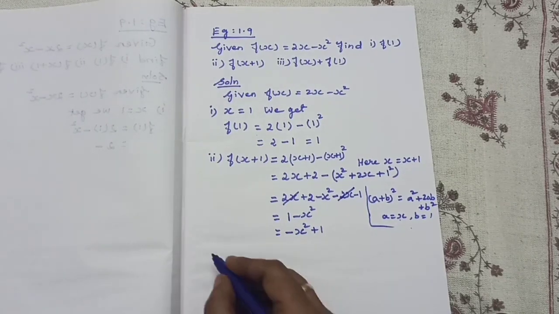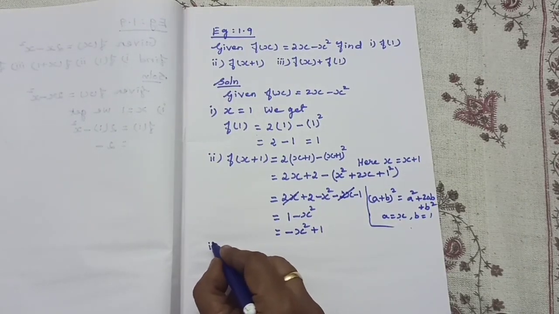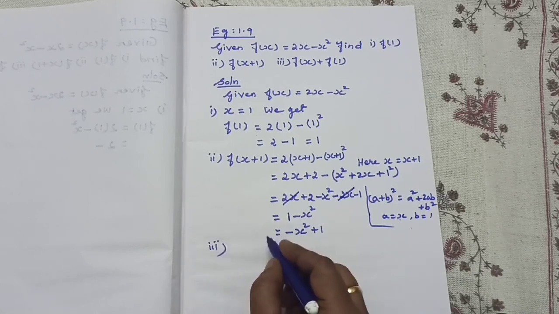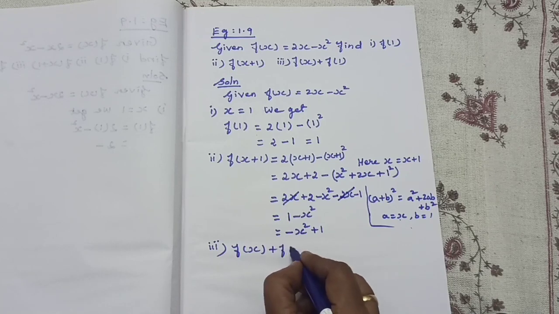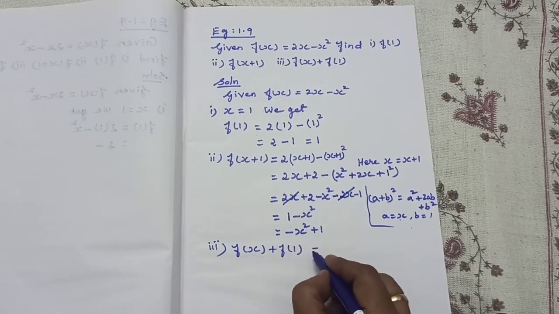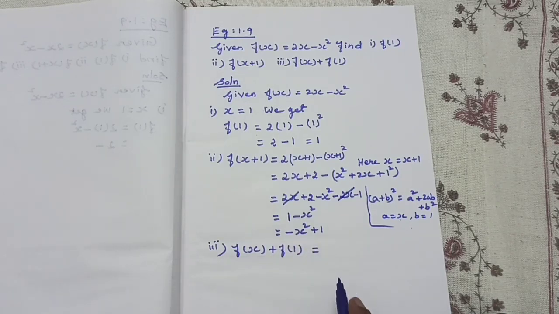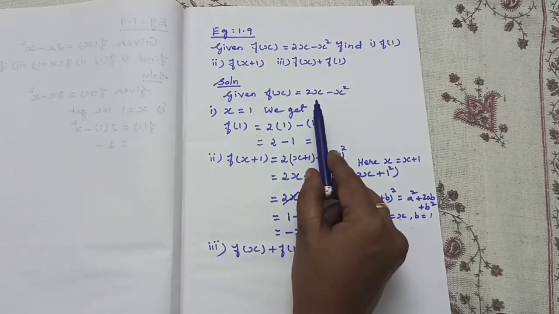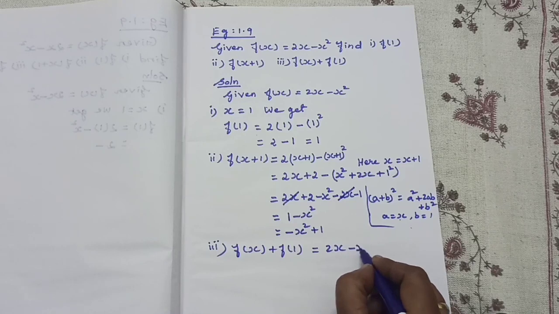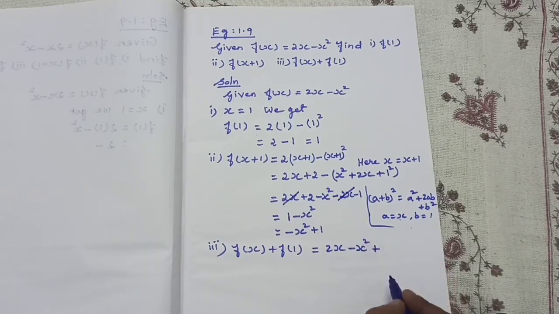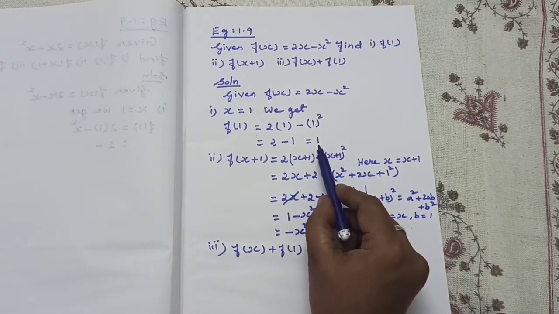And third subdivision is f of x plus f of 1 is equal to f of x function is here given, isn't it? 2x minus x square. Then plus f of 1, what's the value? F of 1, here already we got the answer, 1, isn't it?